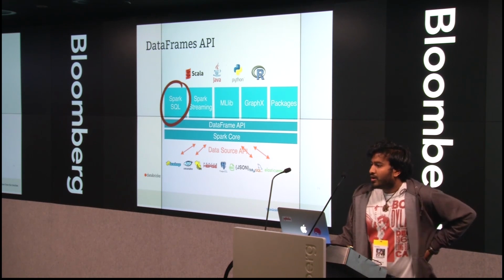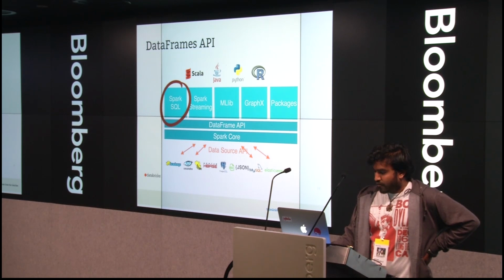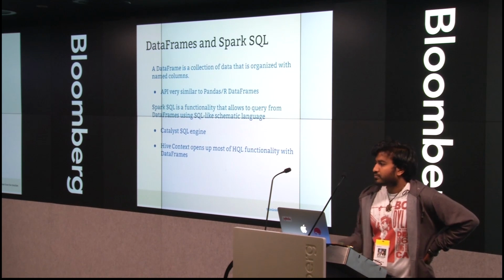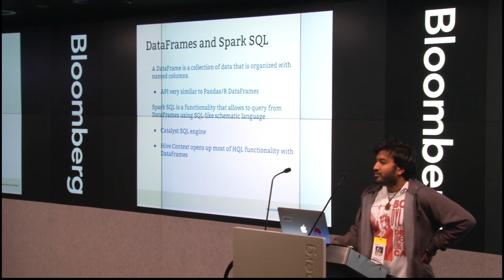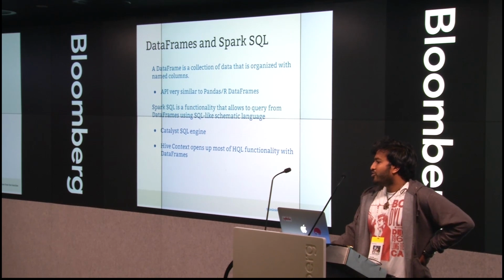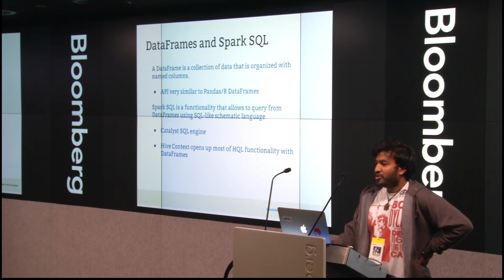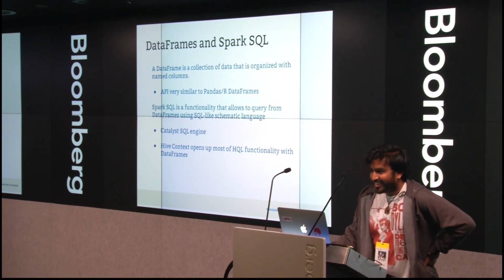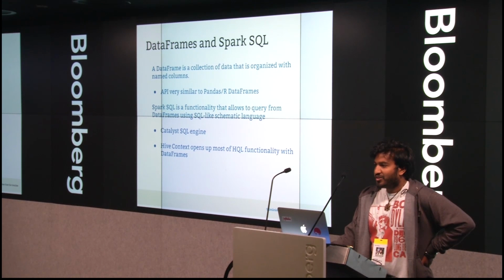Before we start, how many of you have worked with pandas data frames? Good. And how many of you are familiar with R? Okay, I've got good news for you. The data frame API is very similar to pandas and R data frames.